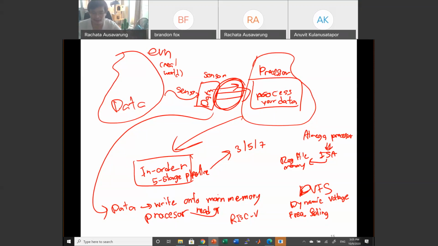Another thing is called HDL. HDL stands for Hardware Description Language. CS people would hate me if I said it's a programming language, because it doesn't program. It's a language that describes the hardware.